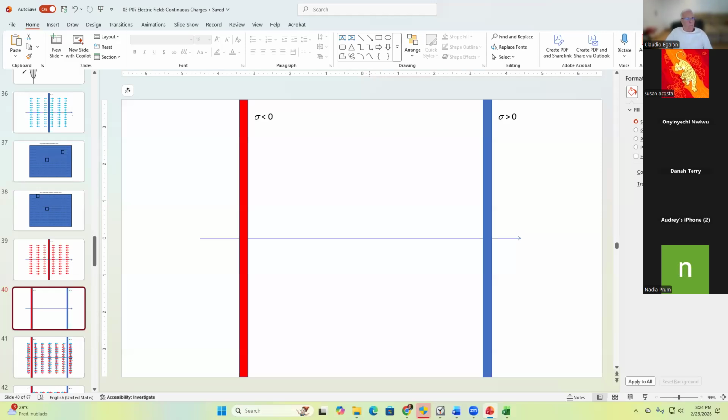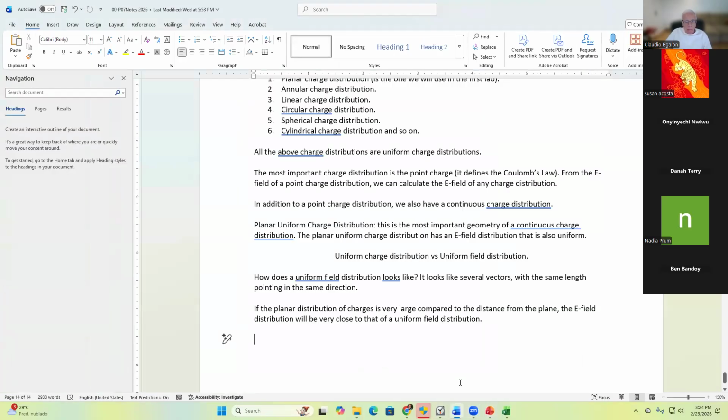Okay, so I'm going to write that down there in the notes. A positive planar uniform charge distribution generates a uniform field that points away from it.